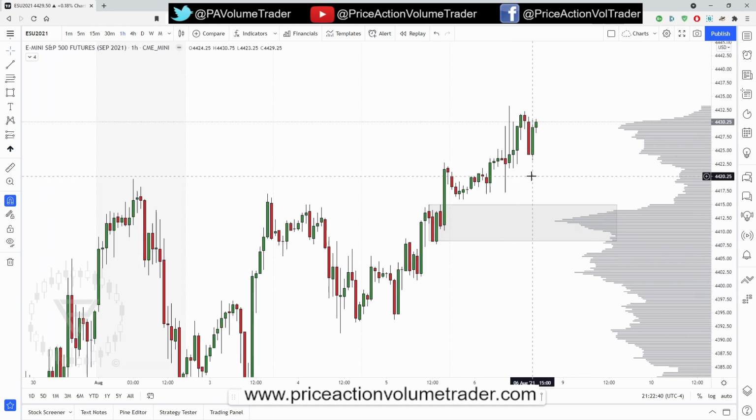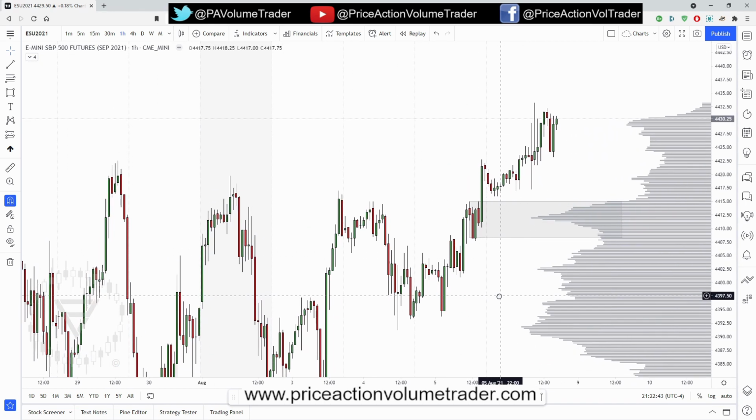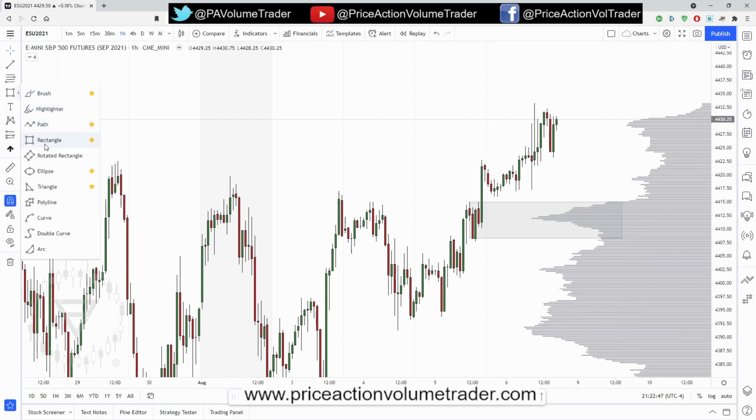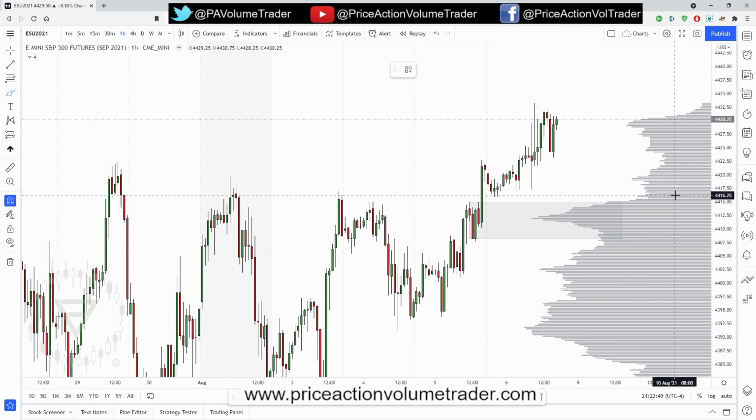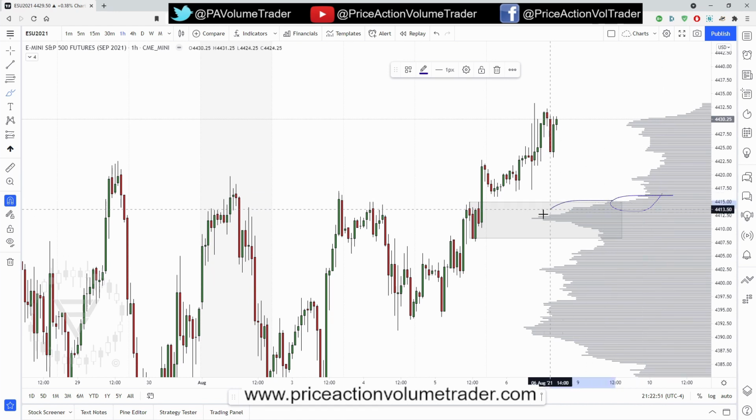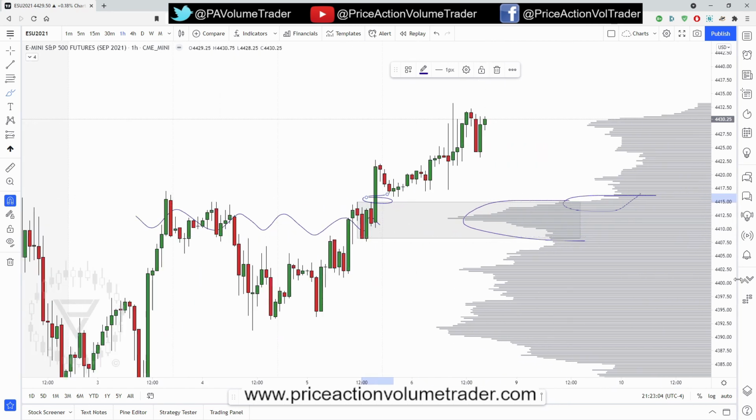We're at new all-time high levels over here. You can see a very clear edge of a high volume node here, which was this area of consolidation that we had right around these levels. We have the gap here that is yet to fill.